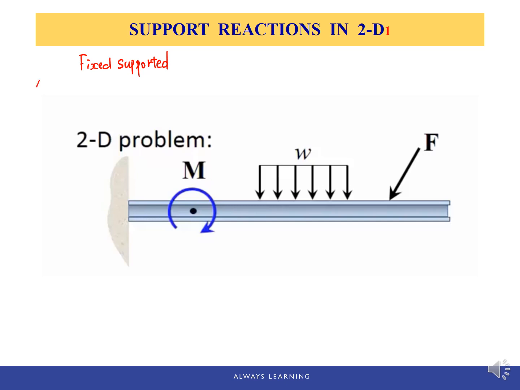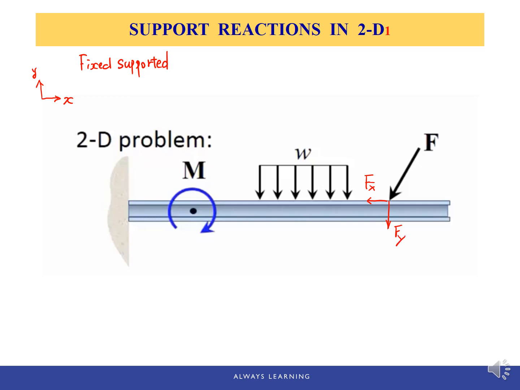And this is a 2D problem, and usually we want to set up the XY coordinate to describe the direction of the forces. So first, if we take a look at this concentrated load F, we can resolve it into 2 components. One is along the X direction, one is along the Y direction.